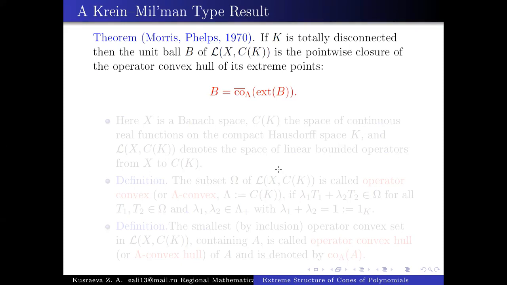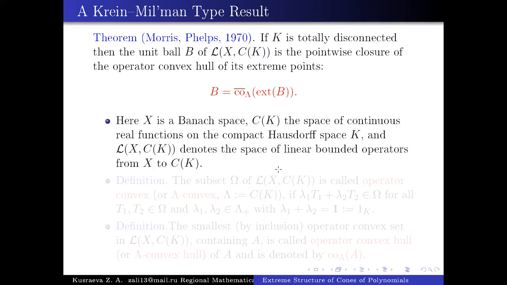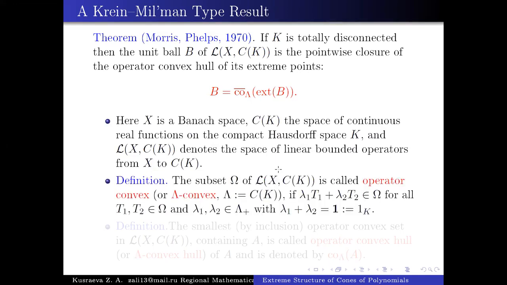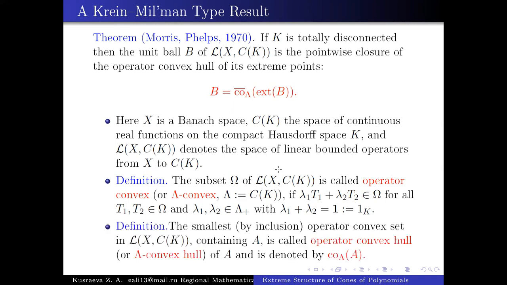So in comparison with the classical Krein-Milman theorem, here the operator convex set and operator convex hull are used instead of a convex set and convex hull. The definitions can be seen here on the slide, and the difference is also obvious.